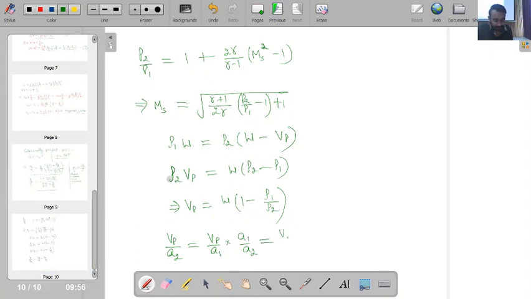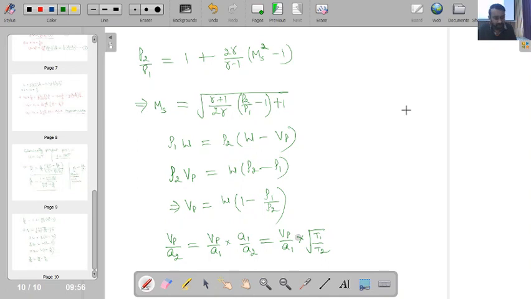Now for a calorically perfect gas, this A1 by A2 becomes the square root of T1 by T2. Is this point clear? Because speed of sound is equal to the square root of gamma RT, gamma R will cancel out, and I will get Vp by A1 into the square root of T1 by T2. So just now we have calculated Ms. What is Ms?